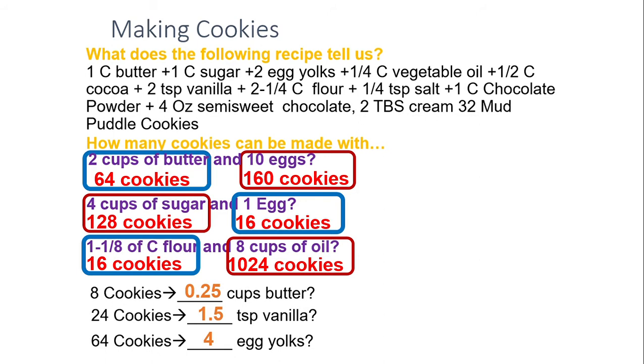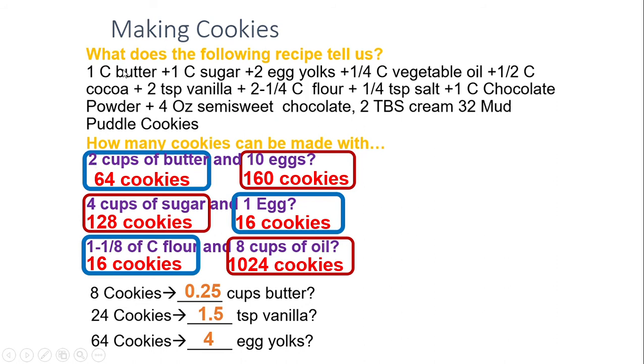Now, if you double the number of cookies to be made, you would also double the measurements of the ingredients. So if we want to make 32 pieces of cookies, you need 1 cup of butter. But if you want to double it from 32 to 64 pieces, you need how many cups of butter?